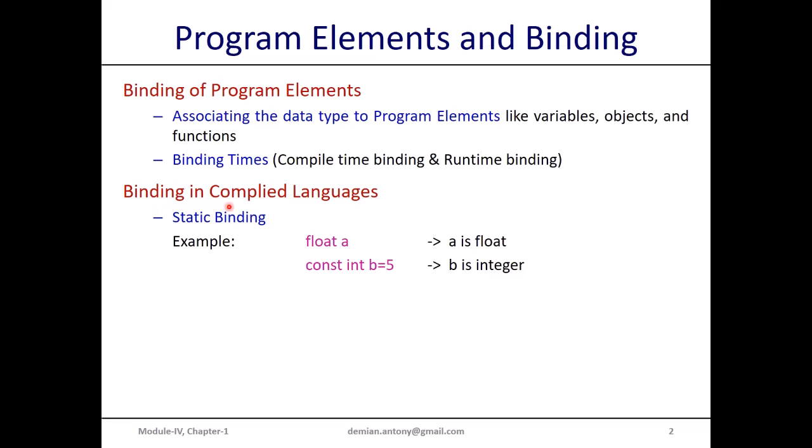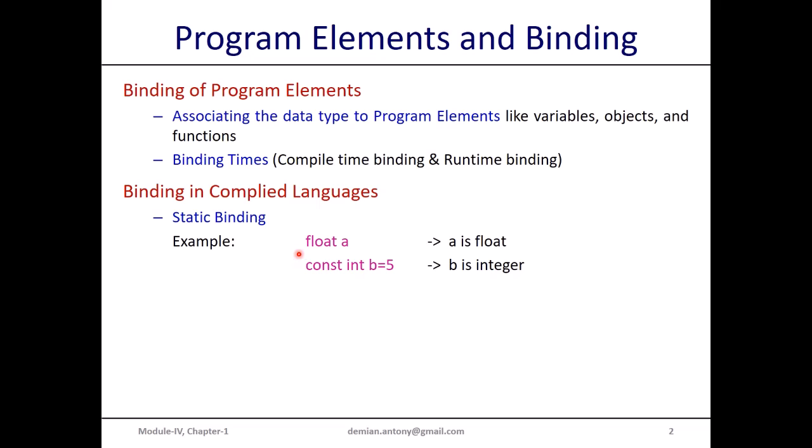Let us understand binding in compiled languages. For example, take a C language, Java, or C#. Every variable is attached with a data type, either integer, float, or character, or whatever, by the compiler. That is called static binding because the compiler associates the data type to a program element while generating the object code or object file.